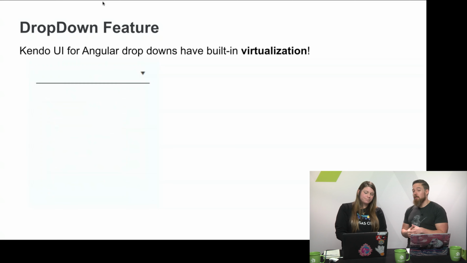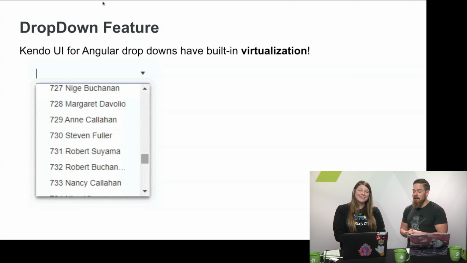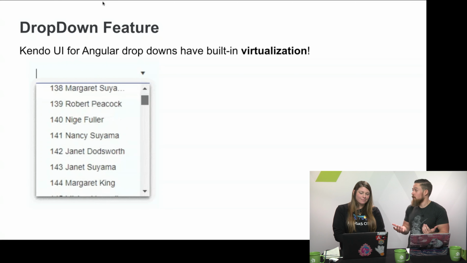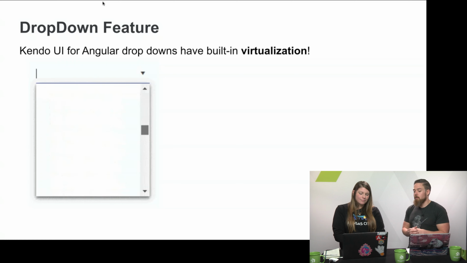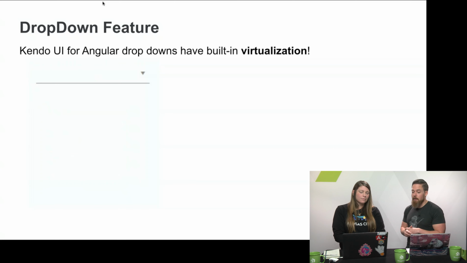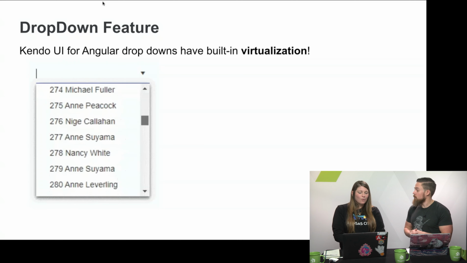Exactly. So it doesn't really matter how much data you're tossing into the component. It's not all rendered at once, which saves on quite a lot. It's a heavy resource-intensive thing to render all those elements. So being able to contain those within their dropdown and scroll through them more or less as smoothly as we can see here in the GIF, it just is a great performance for the component.